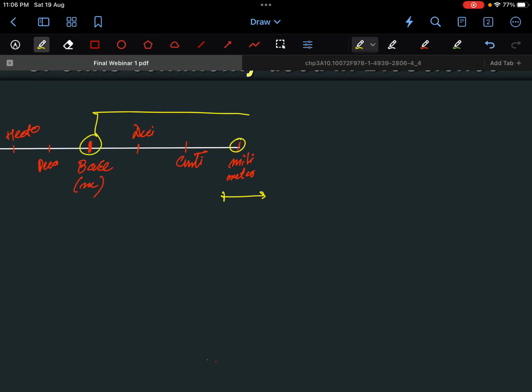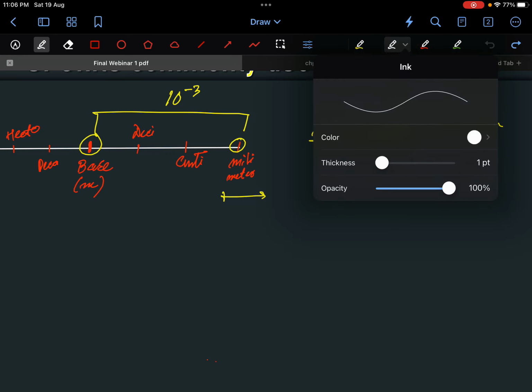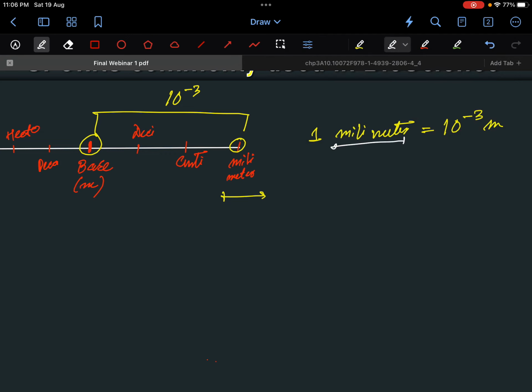It is 10 to the power minus 3, that is 1 millimeter equal to 10 to the power minus 3 meter. And how is it denoted? It is denoted by, sorry, I will change the thickness. So yeah, the millimeter is mm. It is very common, m for meter and m for milli. Okay, so after millimeter, what comes is micrometer.